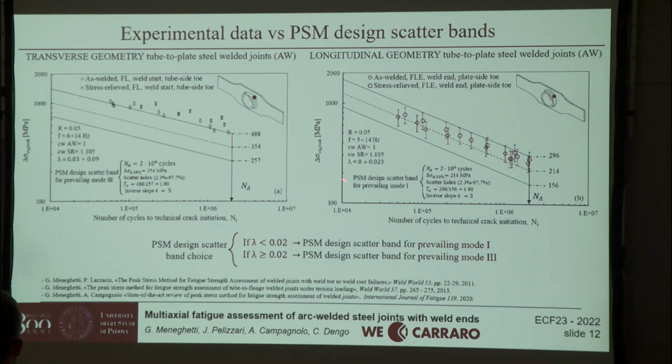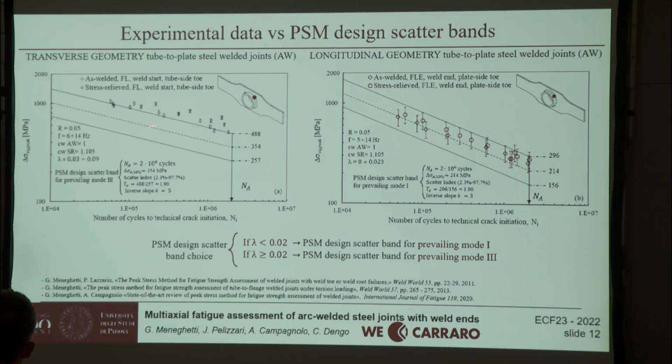Here is the comparison between the experimental data, expressed in terms of range of the equivalent peak stress, and the PSM design scatter band chosen on the basis of the local biaxiality ratio lambda. The experimental data related to longitudinal geometry are in very good agreement with the PSM design scatter band, as you can see here.